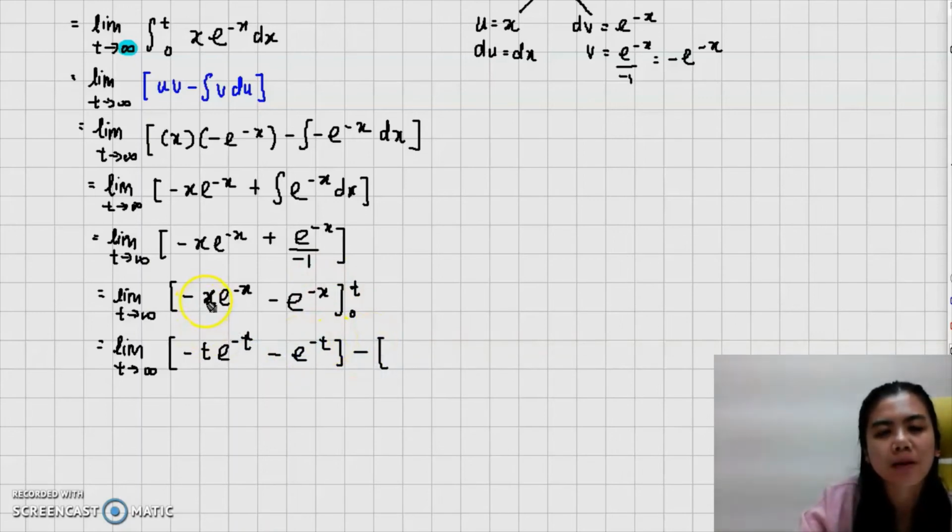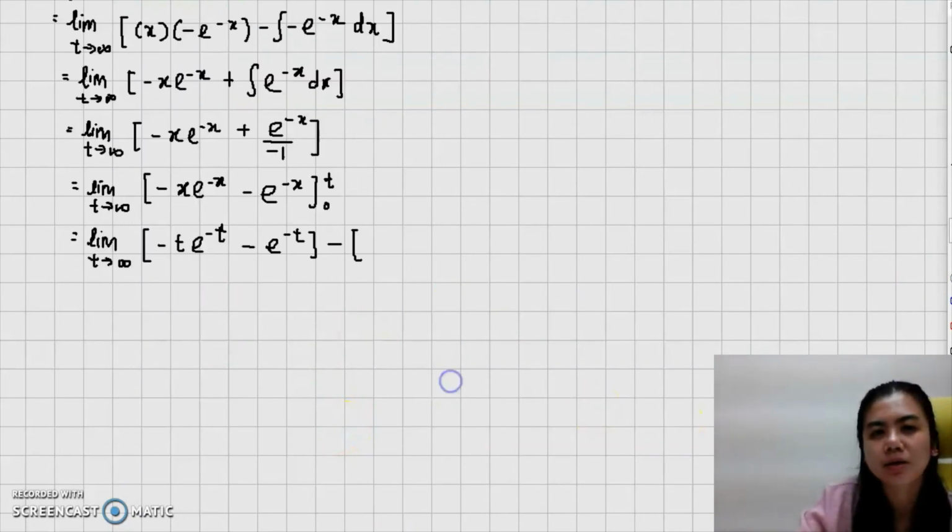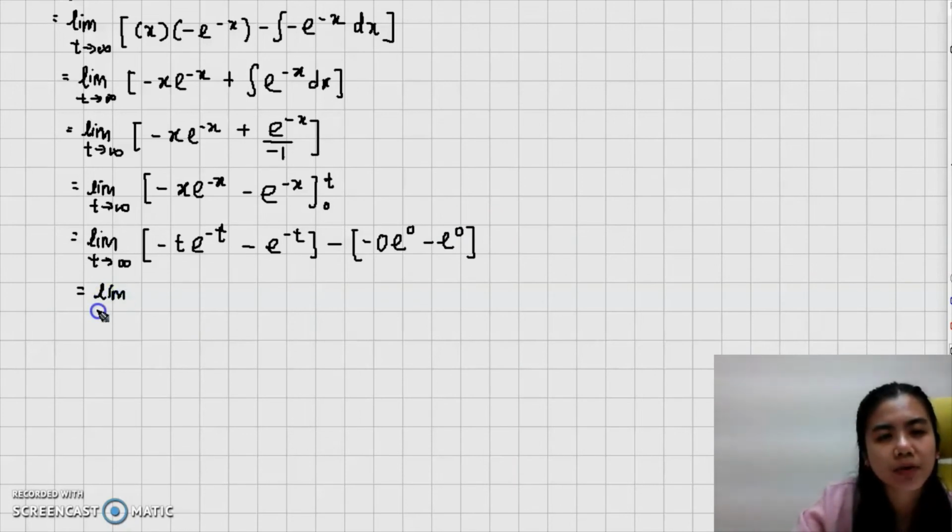Next we have the 0 here, so we have minus 0 is 0, minus e^0. Basically we just do the substitution, and let's simplify it. Don't ever substitute the infinity first.